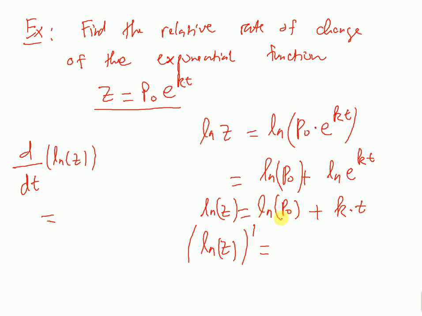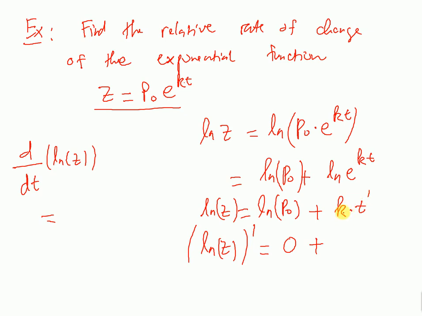So ln of p naught is just a constant, because p naught is just some constant. Ln of a constant gives you a constant, and if you take the derivative of that, it gives you 0. Now, this is t to the first power.